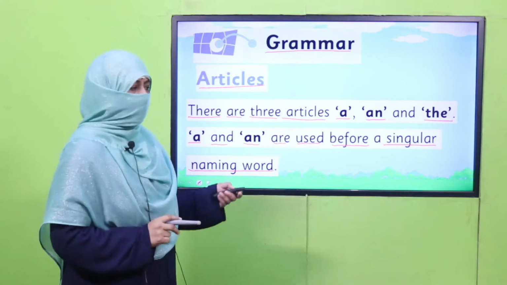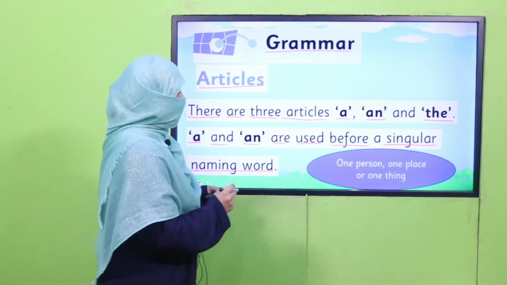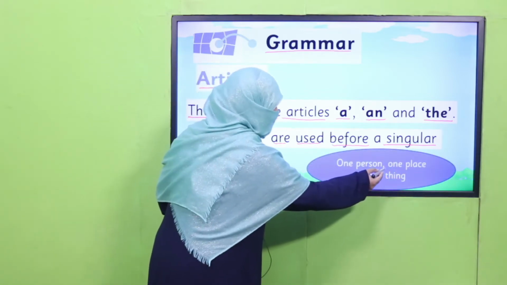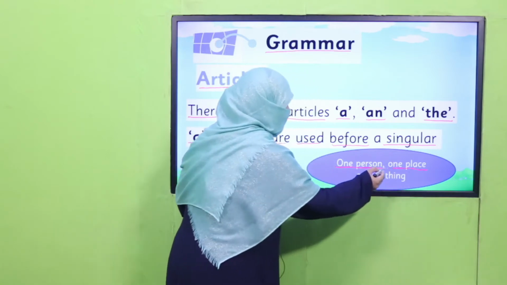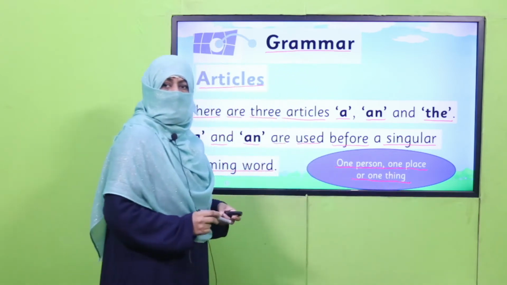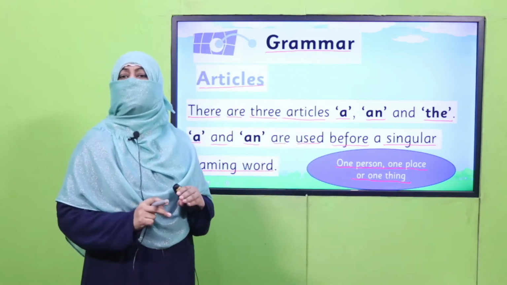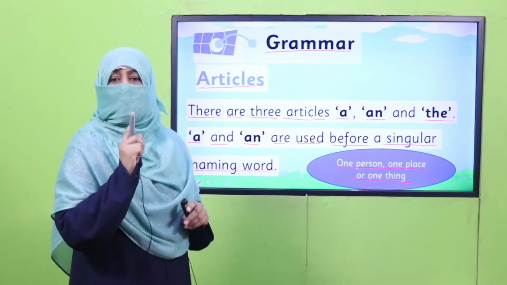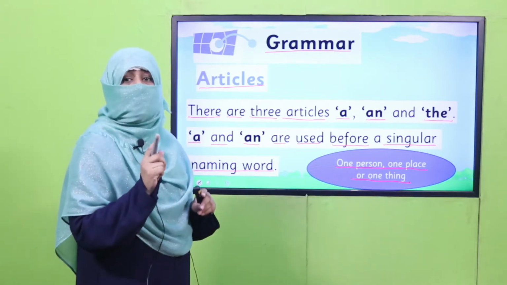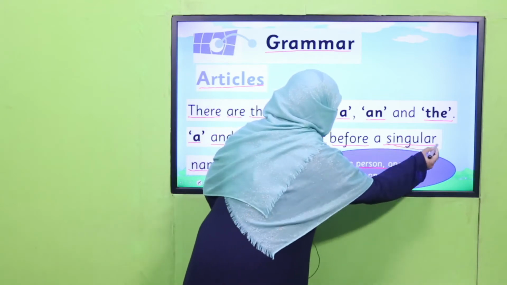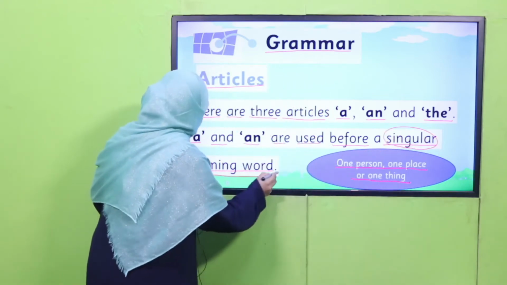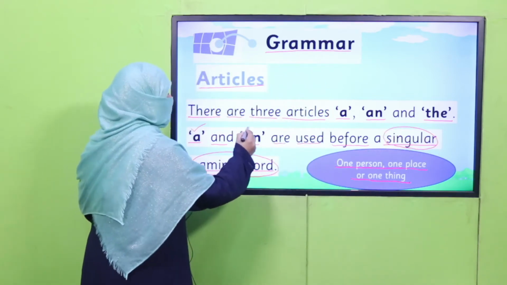Remember, singular naming words are naming words which refer to one person, one place, or one thing. If we are going to name one person, one place, one thing, and we are using a singular naming word, we will use a or an.